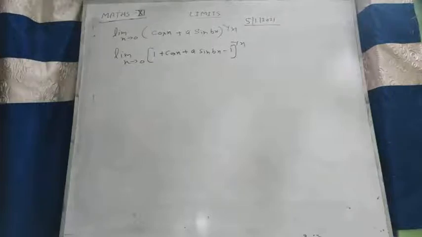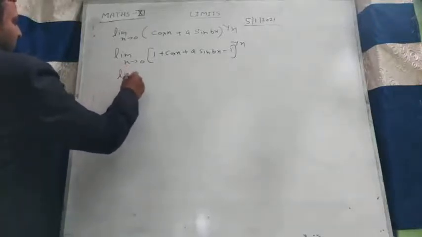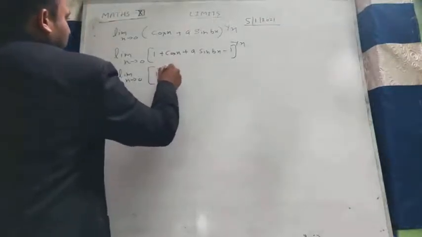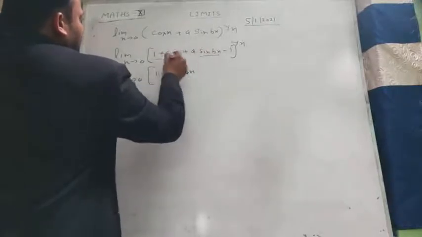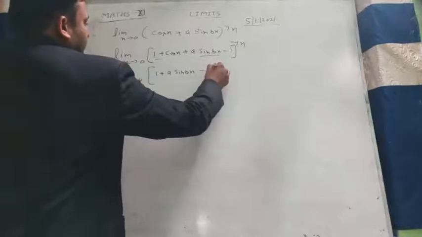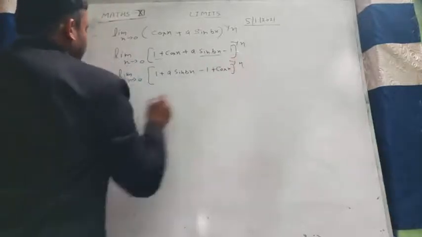Now we are seeing that the limit as x tends to 0 of (1 plus a sin bx minus 1 plus cos x) to the whole power 1 by x.